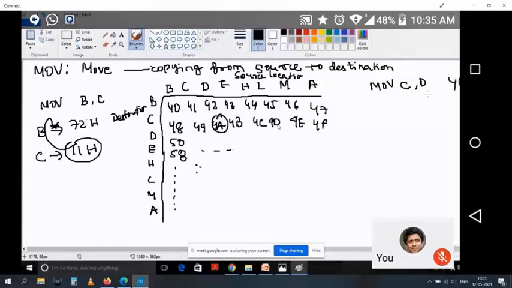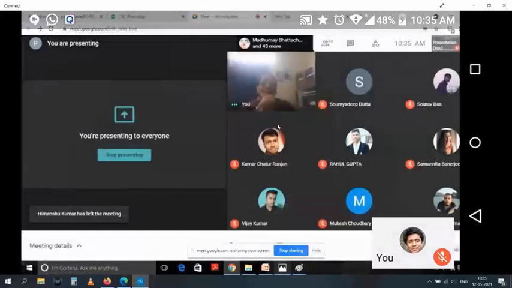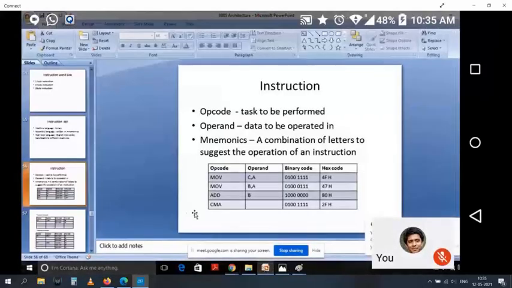So for every register that I'm shifting, my hexadecimal code is different for this opcode move. If my source and destination registers are changing, then the hexadecimal format is changing for all of them. So that is how it is operating.